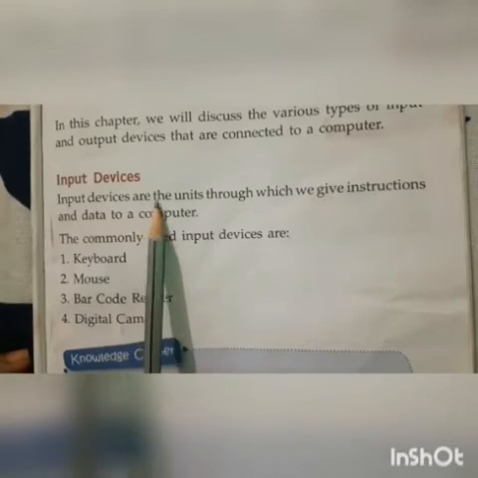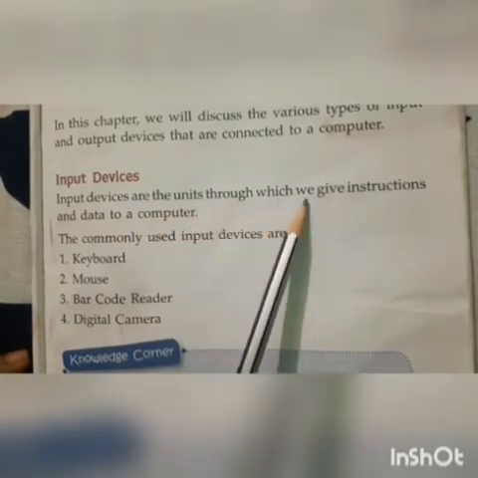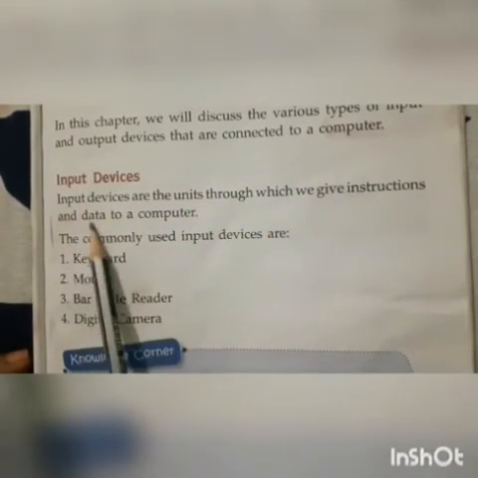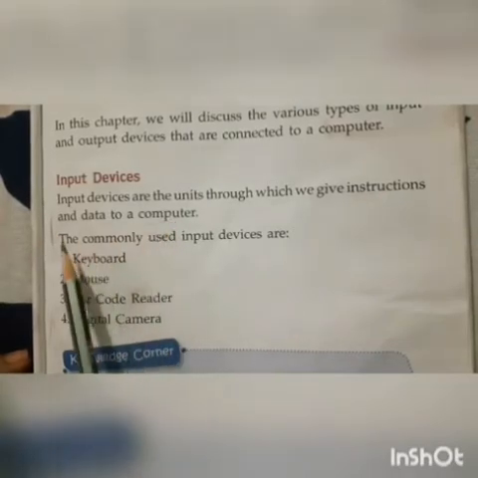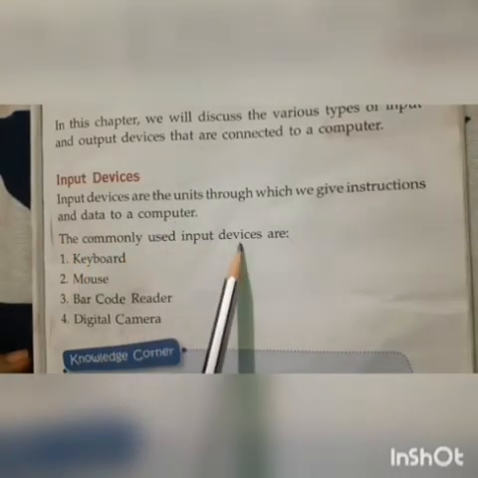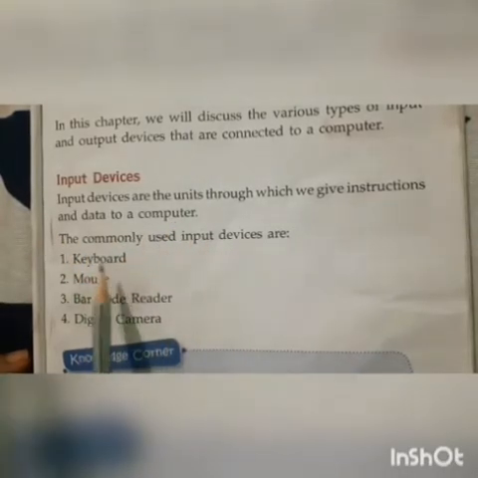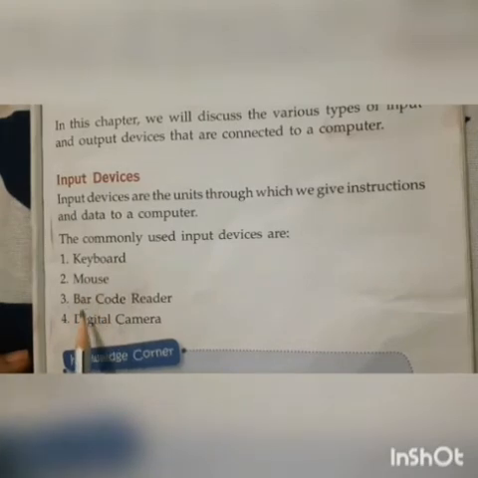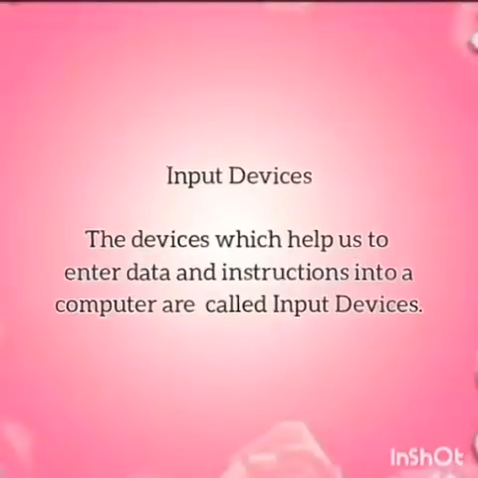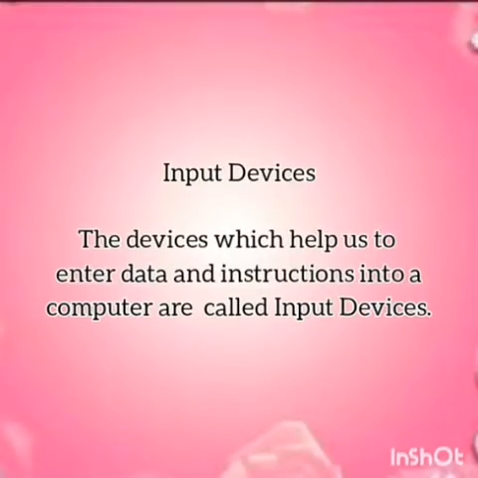Input devices are the units through which we give instructions and data to a computer. The commonly used input devices are keyboard, mouse, barcode reader, digital camera. Now children, input devices are the devices which help us to enter data and instructions into a computer.